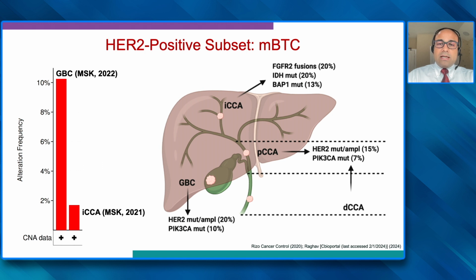It's also seen in perihilar cholangiocarcinoma, but the incidence decreases in intrahepatic cholangiocarcinoma or extrahepatic cholangiocarcinoma. You can see that when you look at common NGS prevalence estimates, there is a significant difference of alteration frequency, gallbladder being much higher than intrahepatic cholangiocarcinoma.